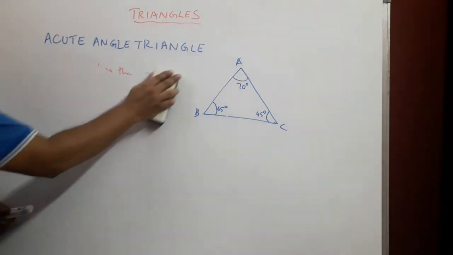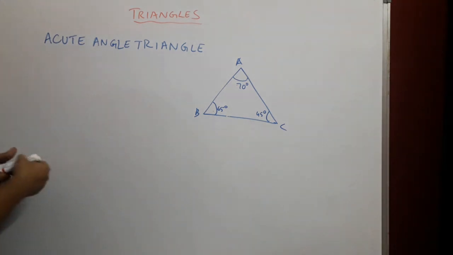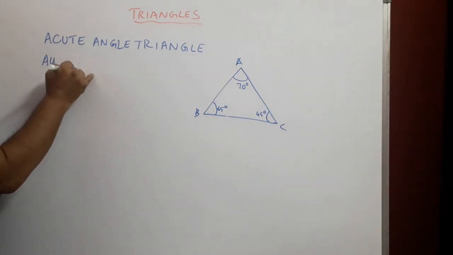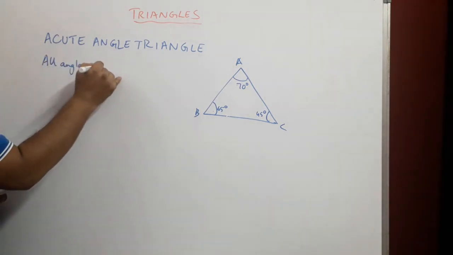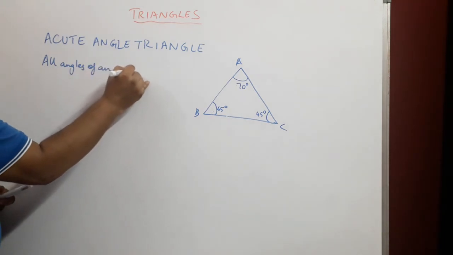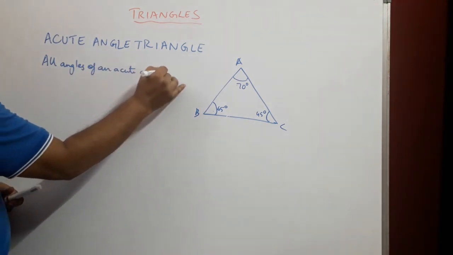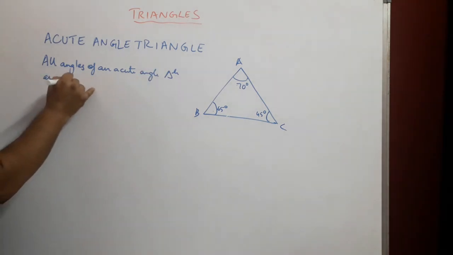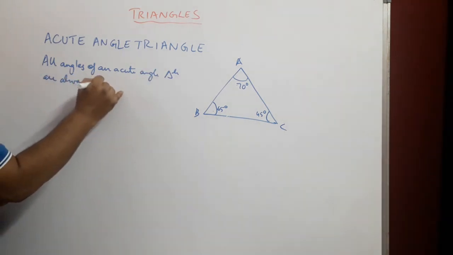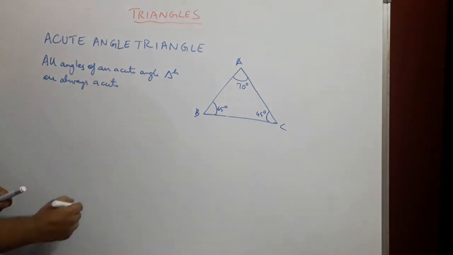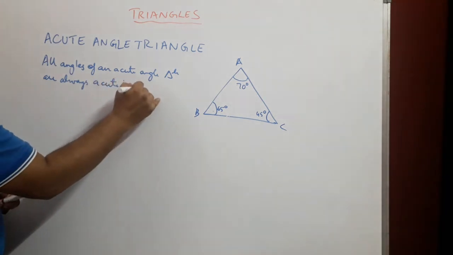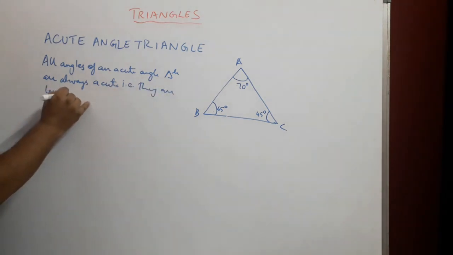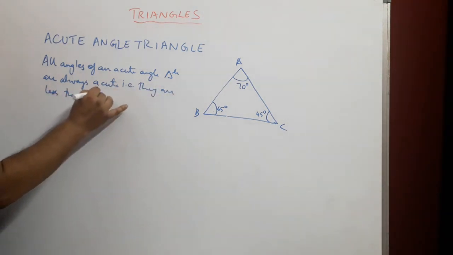So in an acute angle triangle, all angles are always acute, that is, they are less than 90 degrees.